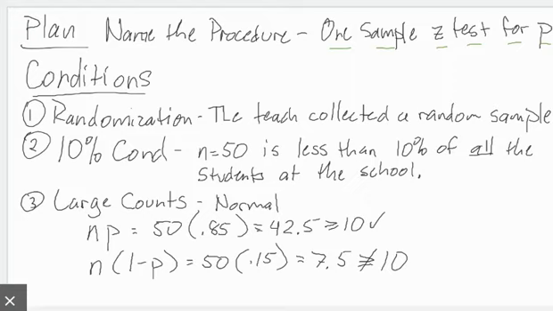But instead of asking you to run a full hypothesis test, or to go through all the steps to construct a confidence interval, the question sets everything up, and then it says, would it be okay to create a confidence interval?